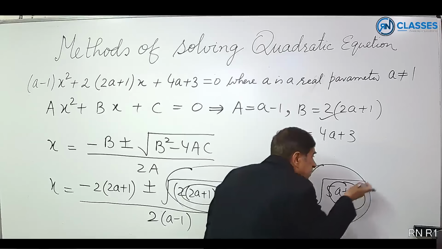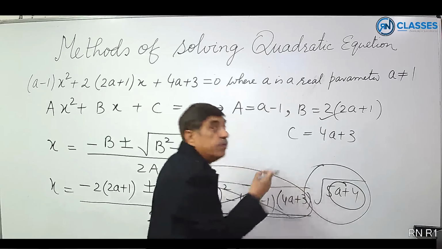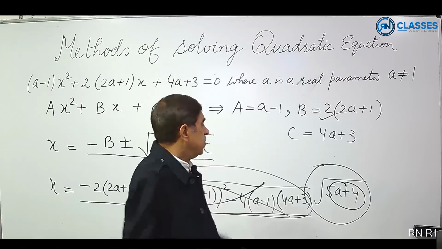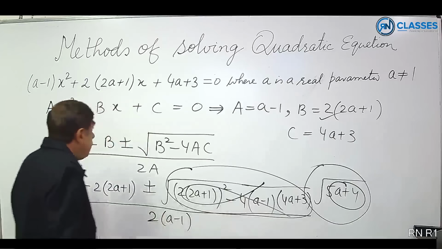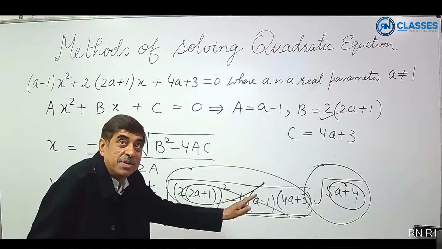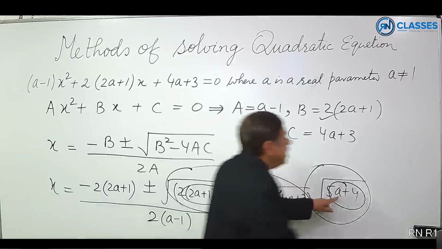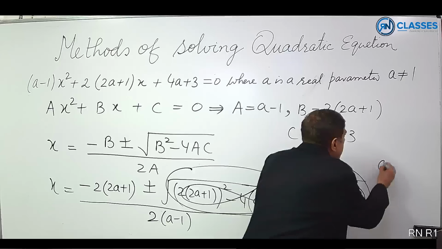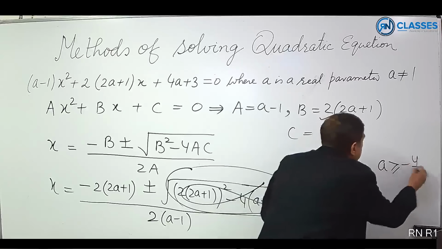If it is negative, we can't find the square root over the real number system. Right? So for what values of a is this answer there? 5a plus 4 greater than or equal to 0. A is greater than or equal to minus 4 by 5.